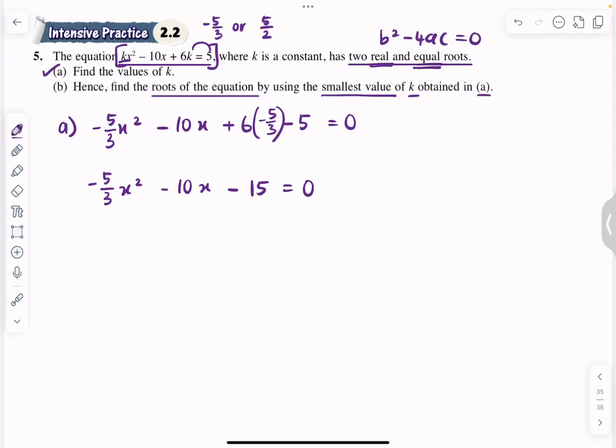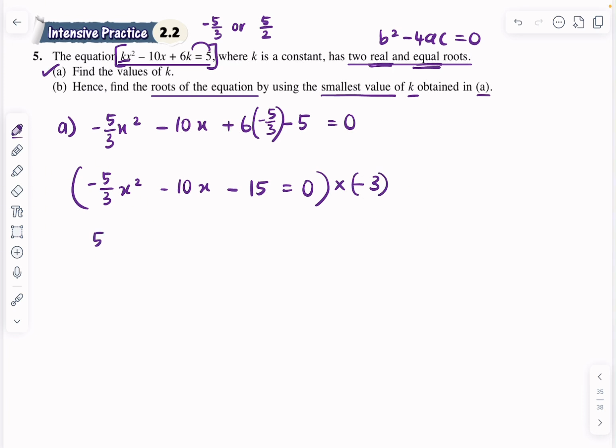Okay. Then we need to find the roots. So to make our life easier, we try to get rid of the denominator. So the whole thing we times 3 first. So get negative 5x squared. Or you know what? We can actually times negative 3 so that our a is positive.